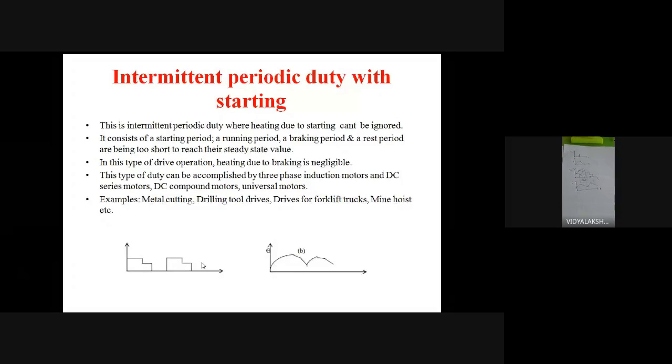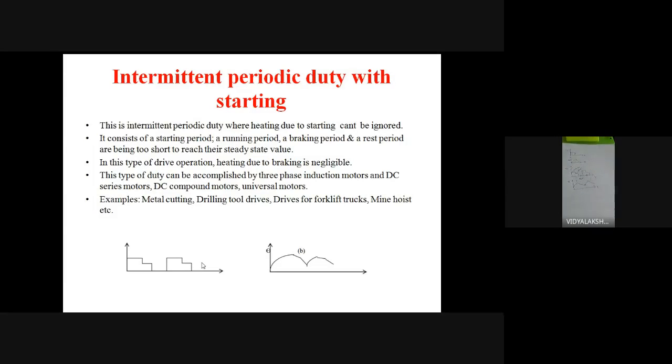For example, this duty is called metal cutting and drilling tool drive. There we have to start and then run. While running, my temperature will reduce. Here also I didn't talk about the braking; for the next duty, I can talk about the braking also. So based on starting, braking and running, we can classify the duty into 8 types. Some cases we consider and some cases we may not, depending on our application.